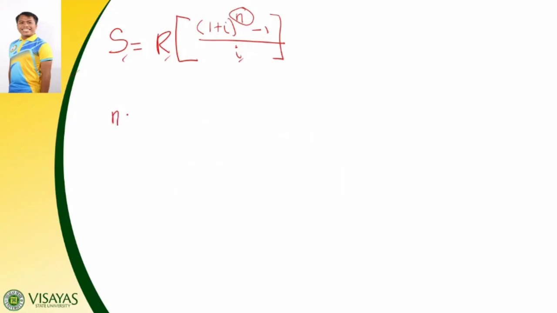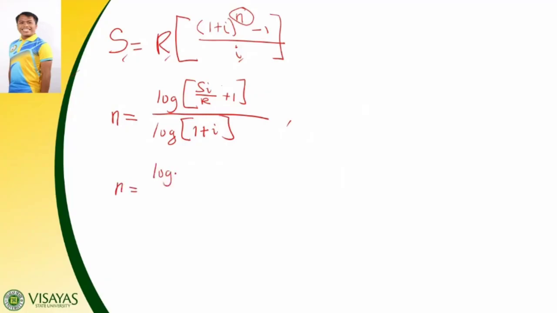Okay, so N can actually be solved using N equals the log of (SI over R plus 1) over the log of (1 plus I). Okay, so thus, plugging in the known values, we obtain the value of N here. So let's find out.